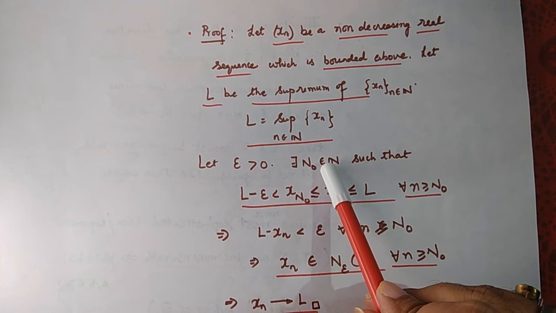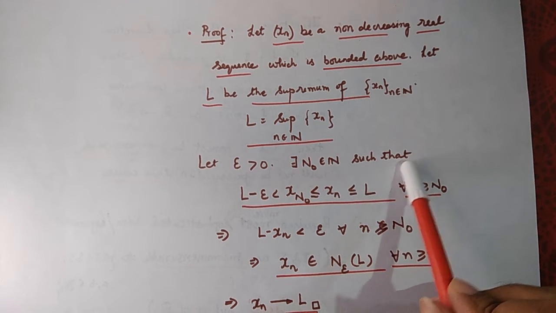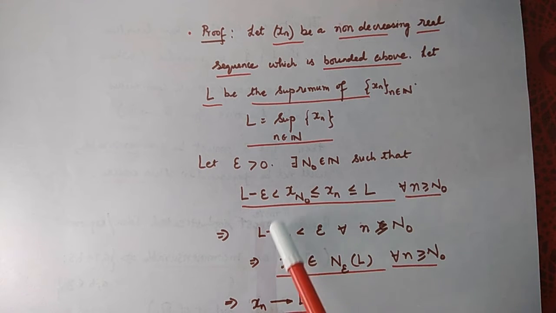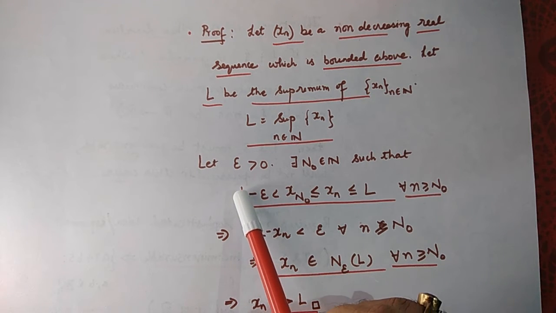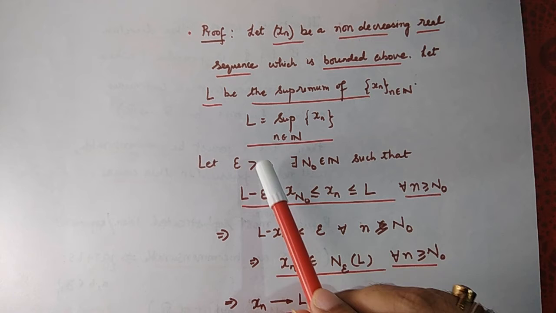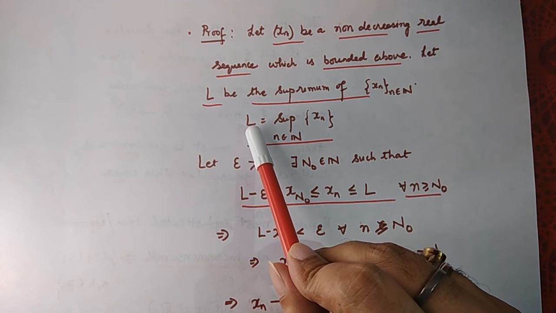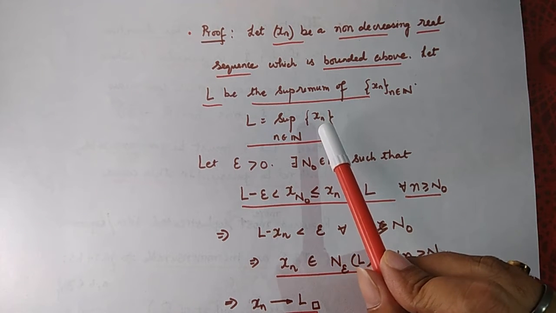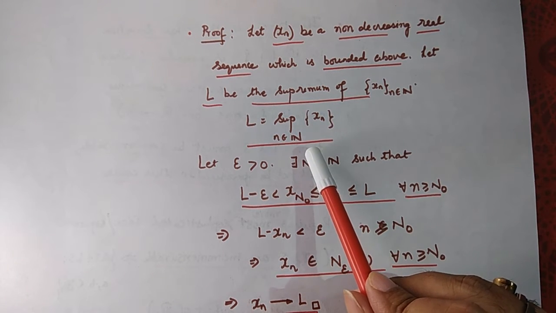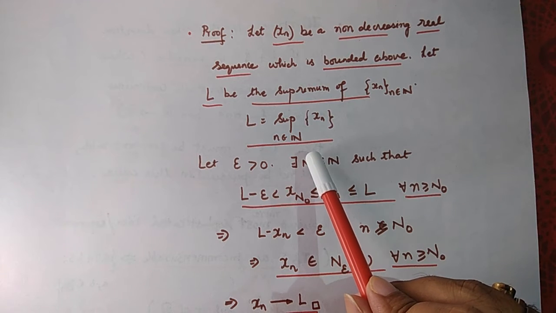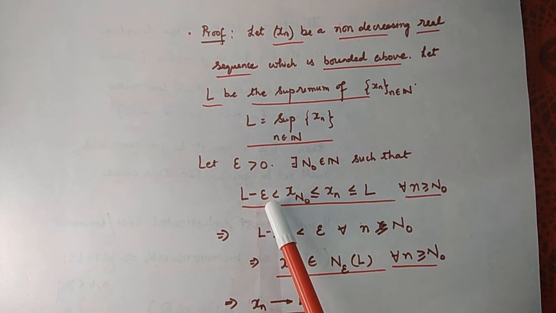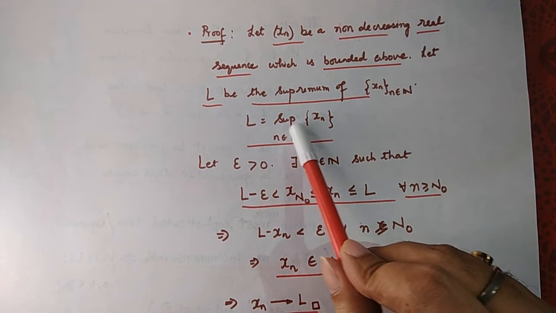There exists n naught belonging to the set of natural numbers such that the following set of inequalities holds. Now let me explain to you in detail why this is true. First of all, since L is the supremum of this set formed by the terms of the sequence, we know by the definition of the supremum that any number smaller than L will fail to be an upper bound, which means L minus epsilon is not an upper bound of this set.